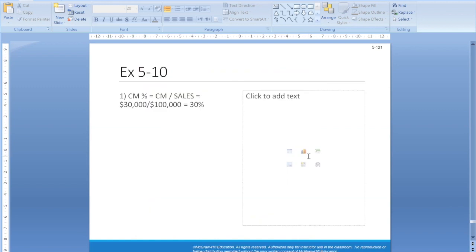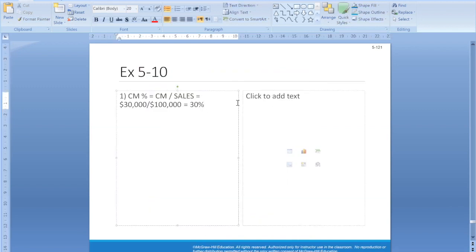So number two here, the break-even point in sales equals fixed expenses divided by the contribution margin ratio.